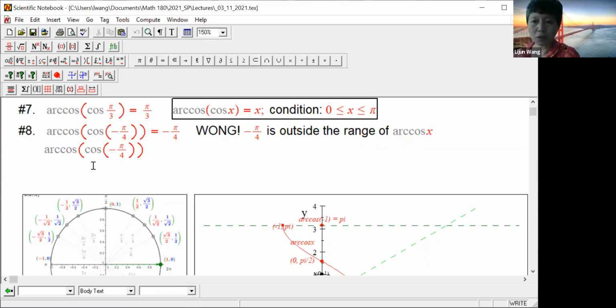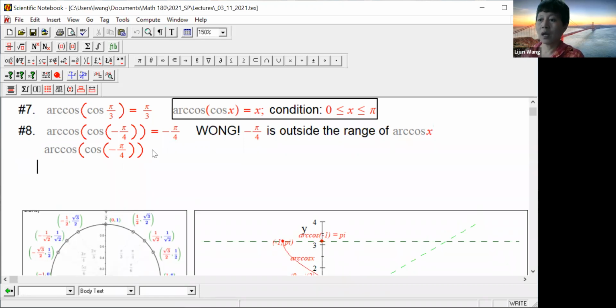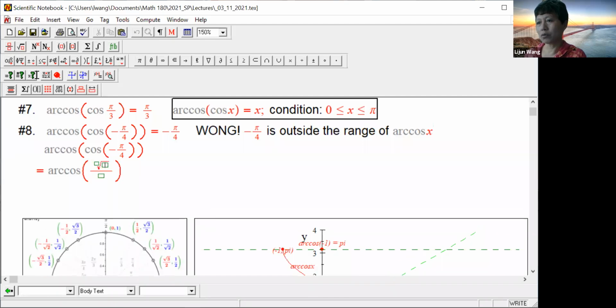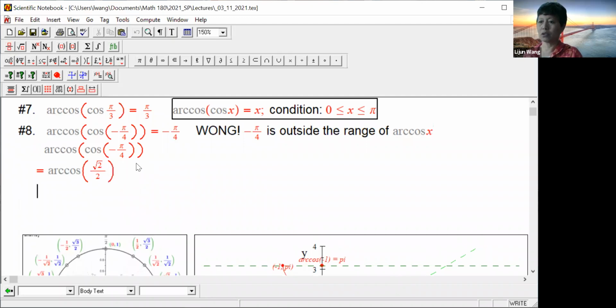If you are familiar with the even-odd properties of these functions, which we didn't talk about in this class but you may have seen in trig classes, that's another way to do it, which makes it much easier. But in case you're not familiar with it or you've forgotten, that's okay. Cosine of negative pi over 4 is the square root of 2 over 2. So the final answer would just be pi over 4.